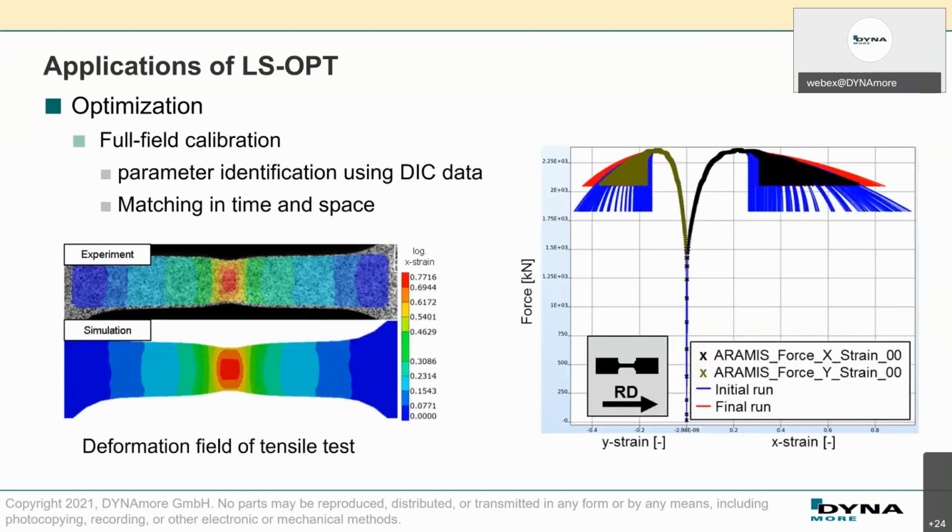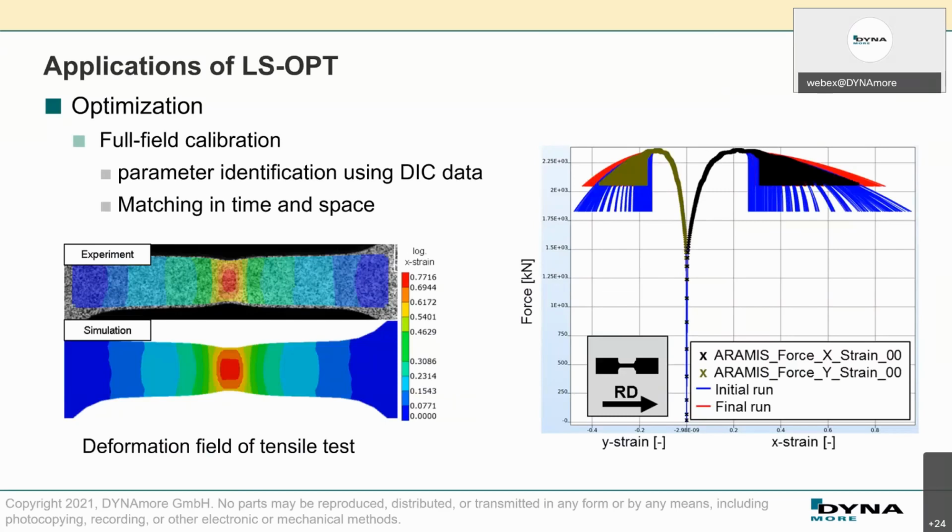It's not only possible to do parameter identification by matching global data like what you saw on the slide before. LSOpt also has functionalities for full field calibration. So the idea is to use DIC data, digital image correlation data obtained from optical measurement systems, for parameter identification.